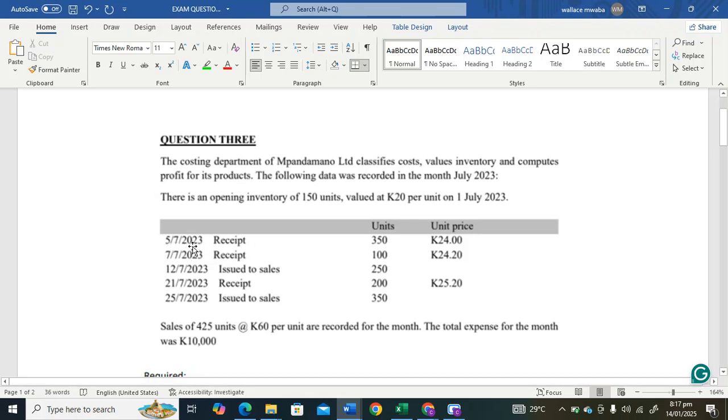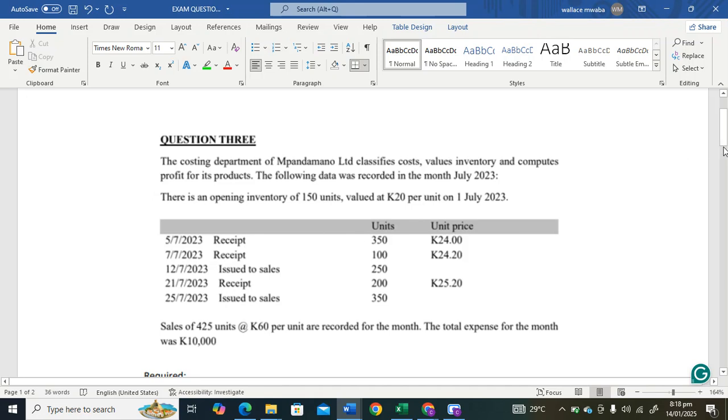5th July 2023, we received 350 units at 24 kwacha. Basically, we purchased 350 units at 24 kwacha. Receipts and purchases, same thing.